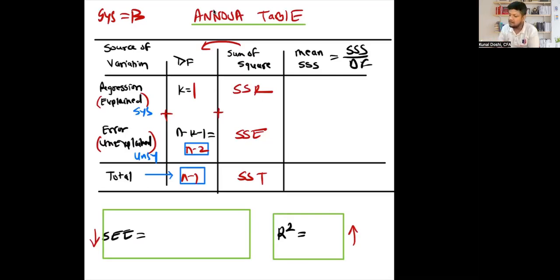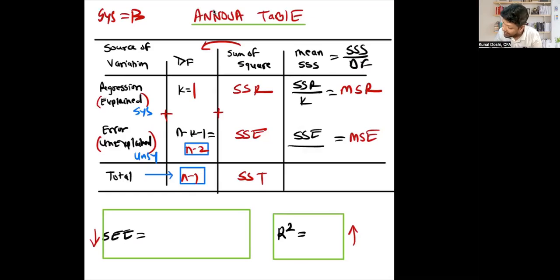So for regression, we will use SSR divided by the degree of freedom k, which is always 1. So in this case, mean square regression is the same because k is 1. But what is mean square error? Mean square error is sum of square error divided by n minus 2.